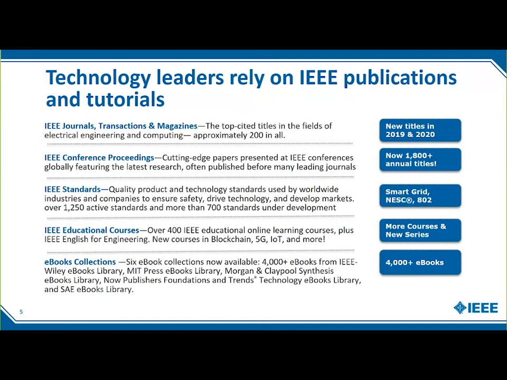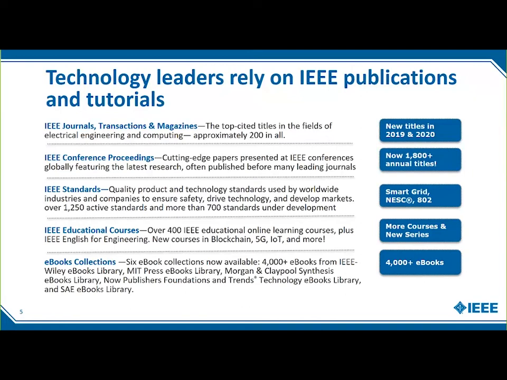Standards, which set specifications and guidelines for how technology will work. And IEEE develops standards across a wide range of technologies, including information technology, power and energy, and telecommunications. Hundreds of hours of e-learning courses on new and emerging technologies such as blockchain, 5G, and Internet of Things.